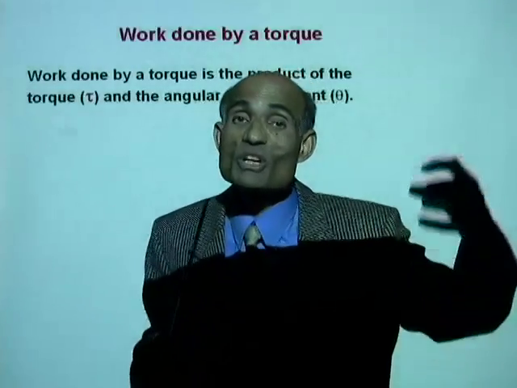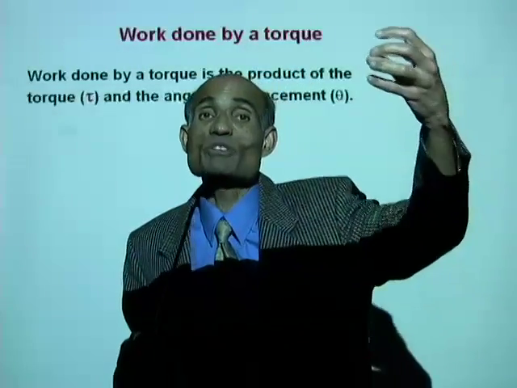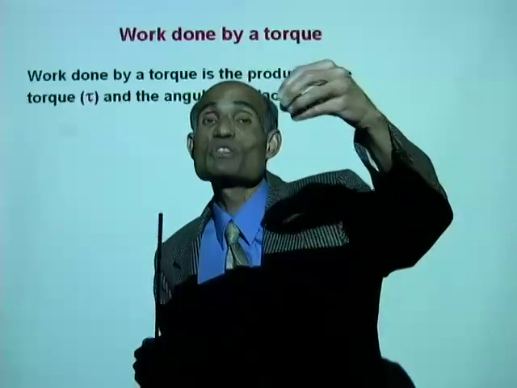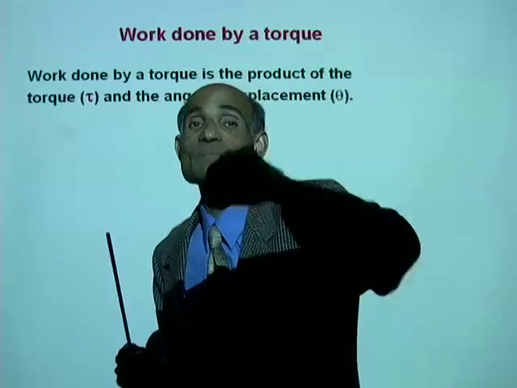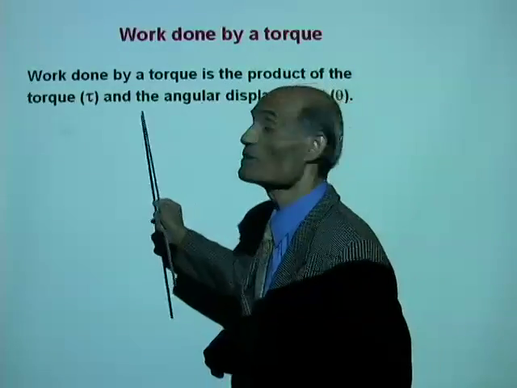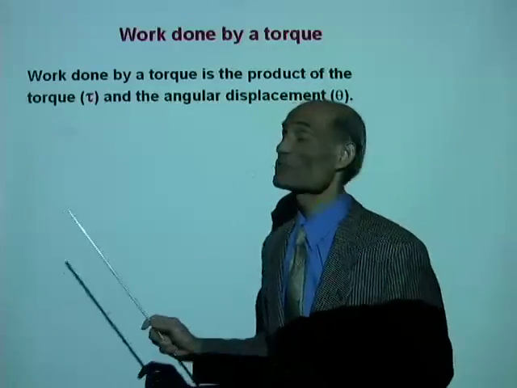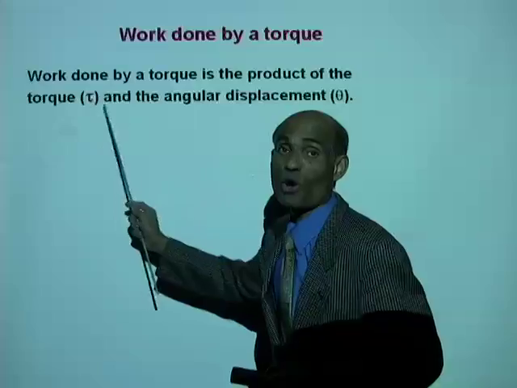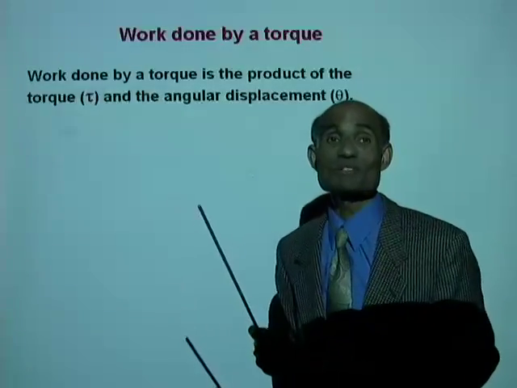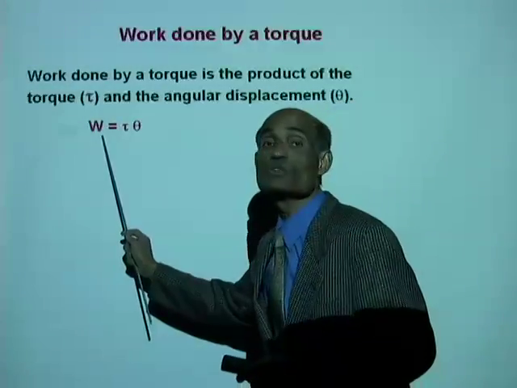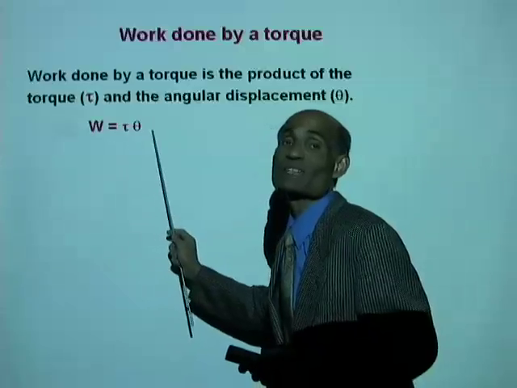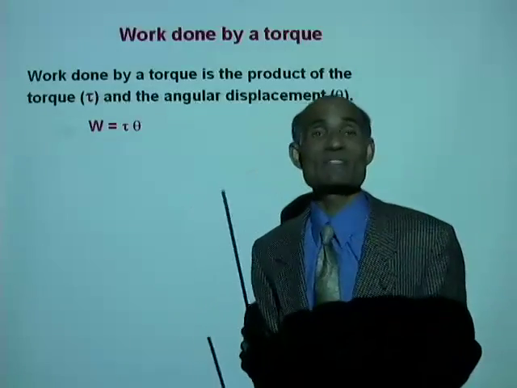In linear motion, the work done is the product of the linear force and the linear displacement. Similarly, in rotation, work done by a torque is the product of the torque and the angular displacement. So W rotational is tau multiplied by theta.